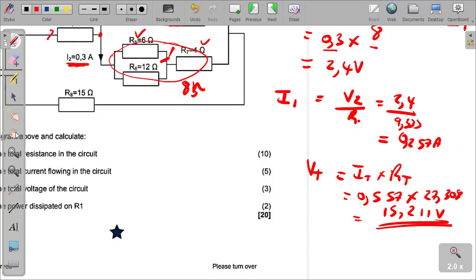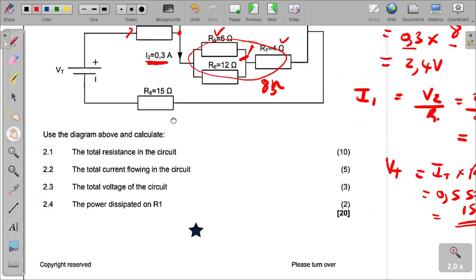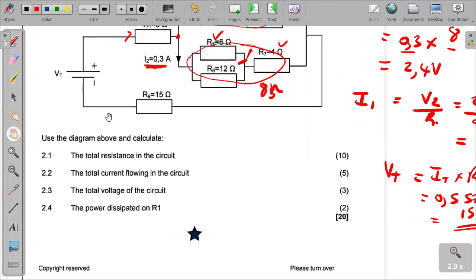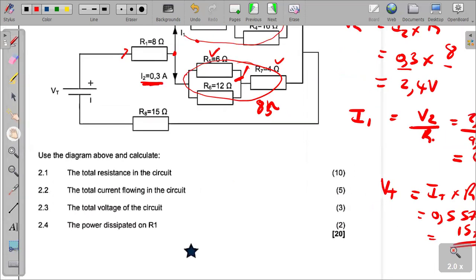Then lastly, there was a question asking for the power dissipated on R1. So R1 is dissipating the power of what? We can say power is equal to V times I, where V is the voltage of the 8 ohm. Or we can go straight and say power is equal to I squared multiplied by R, considering that what we have already is the current passing through the 8 ohm.